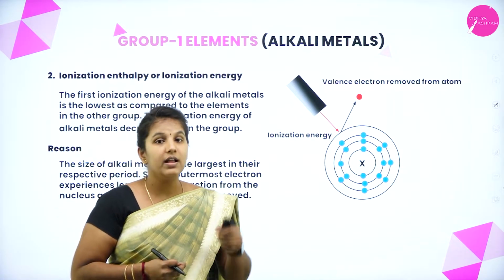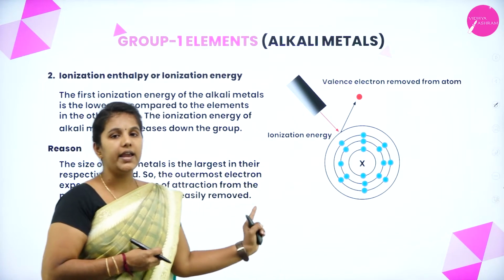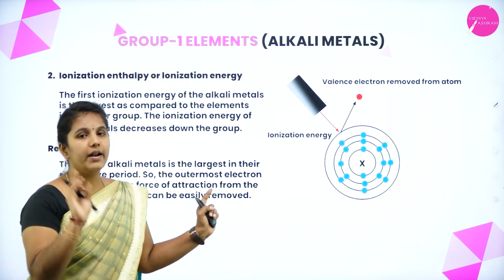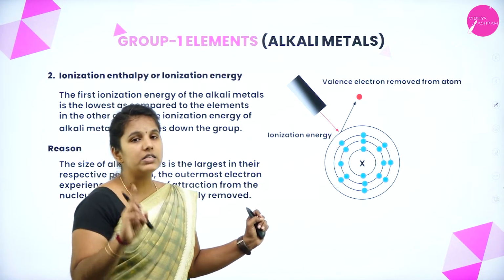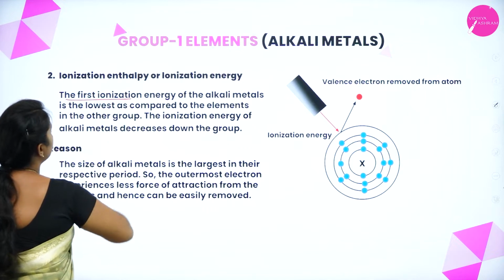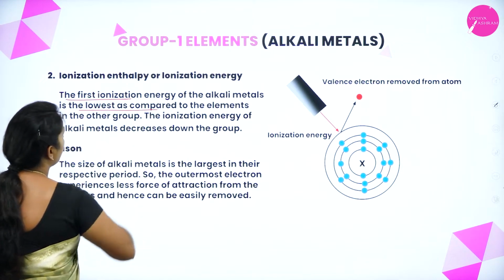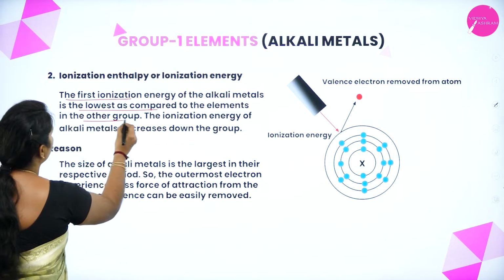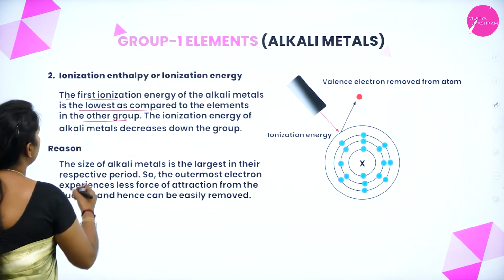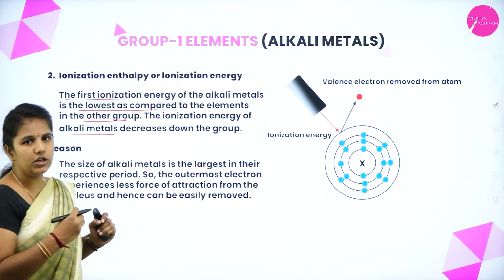That is why the second ionization energy is very high compared to the first. The first ionization energy of the alkali metals is the lowest compared with elements of other groups, and the ionization energy of alkali metals decreases down the group.